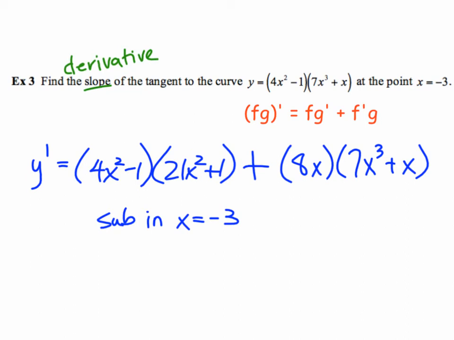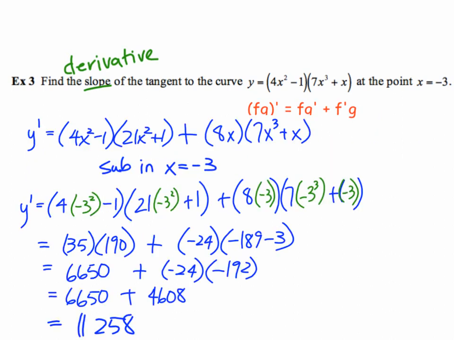Into the expression, we can just sub in x equals negative 3 because it says at the point x equals negative 3. Because we want to find the slope, and remember the slope is the derivative, it's not necessary to multiply the expression out. You can do that, but I'll just sub in x equals -3 instead.